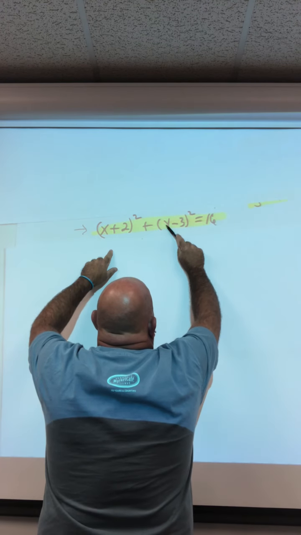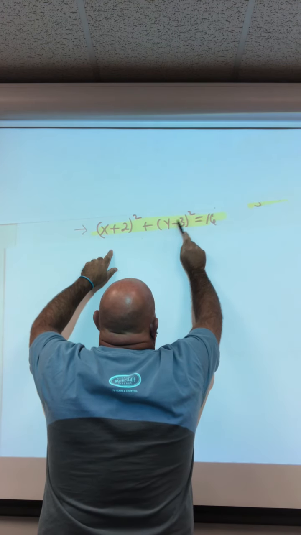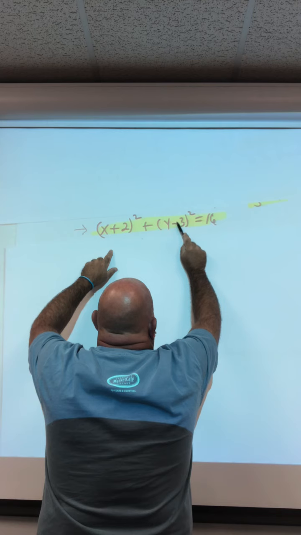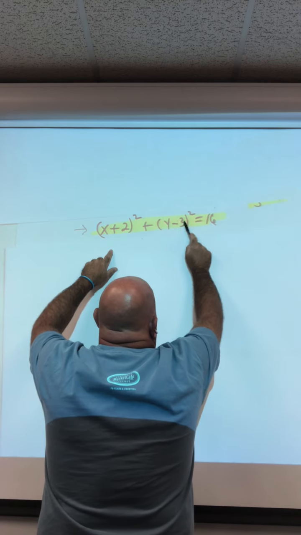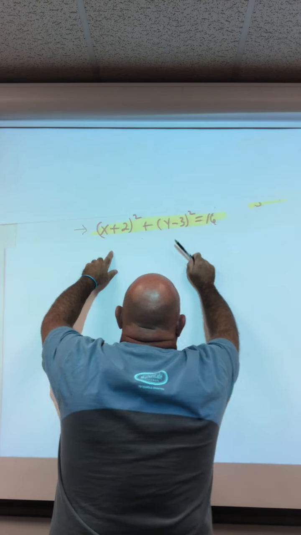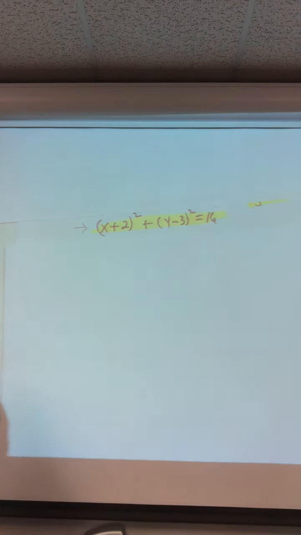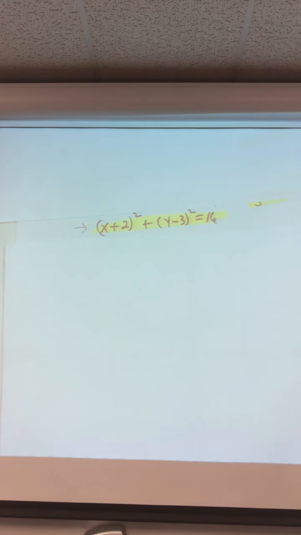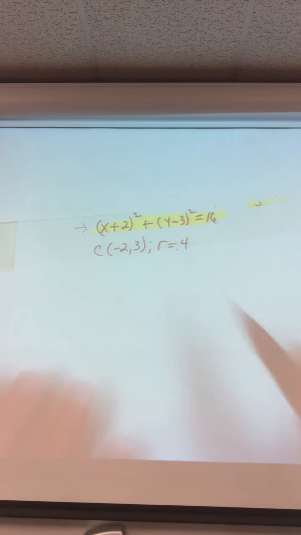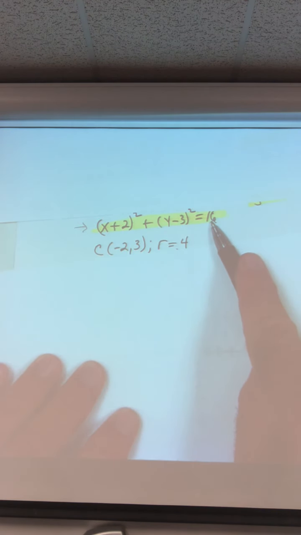Now what's behind the y is your k value. What's behind the y is -3. So take the opposite of that. That would be +3. That's your k value. So the center is -2, comma, +3. The radius is the square root of the number that's on the end, and the square root of 16 is 4.